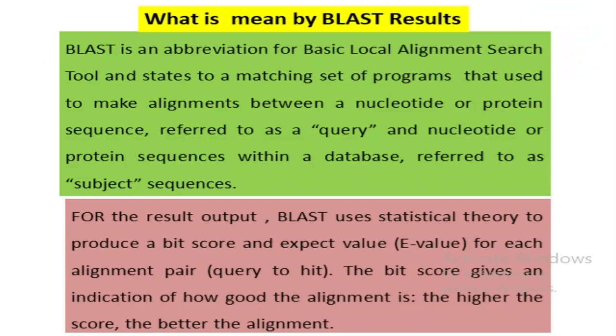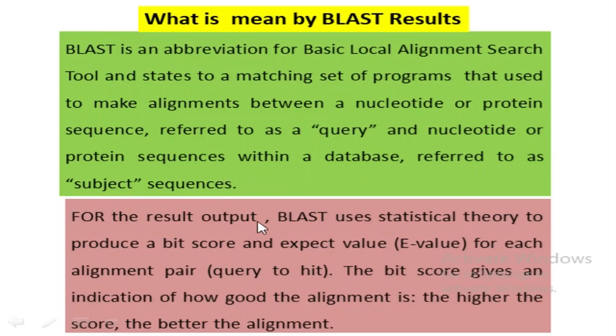As you know, BLAST is an abbreviation of Basic Local Alignment Search Tool, and it is a set of programs that is used to make the alignment between a nucleotide or protein sequence, called the query, and the nucleotide or protein sequences within the database, referred to as the subject sequences.